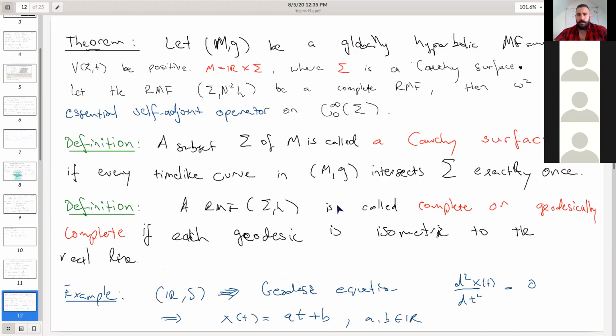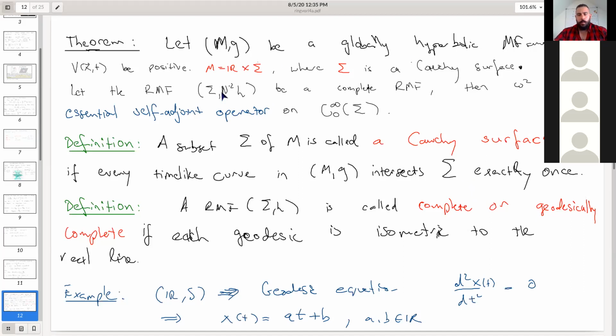And in general, you can show that this manifold, if it is globally hyperbolic, for those of you who know what globally hyperbolic means, can be seen as a direct product of R and Sigma, where Sigma is a Cauchy surface. A Cauchy surface means that a subset Sigma of M is called a Cauchy surface if every time-like curve in (M, g) intersects Sigma exactly once.